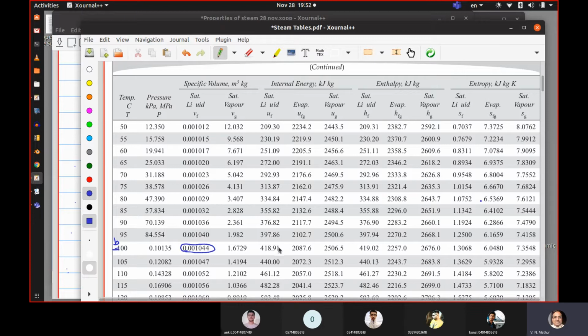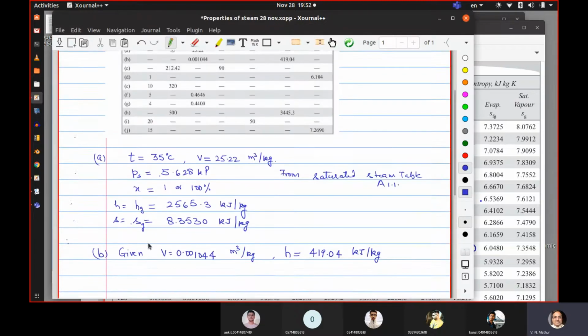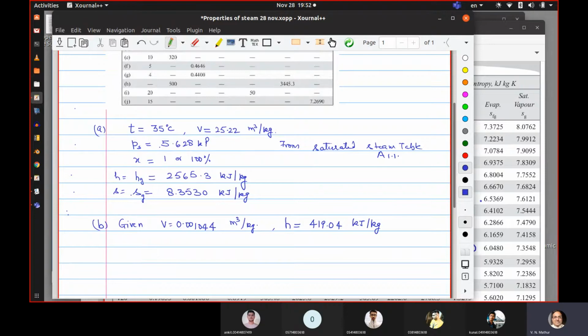So that means enthalpy is 419.02 and entropy is 1.3068 and dryness fraction is 0. It's water. So this value is at T equal to 100 degrees centigrade.